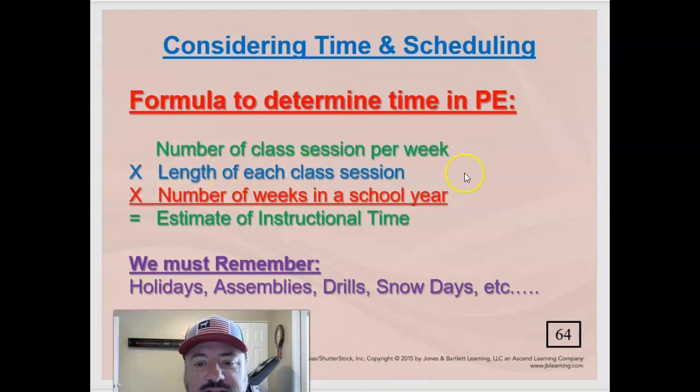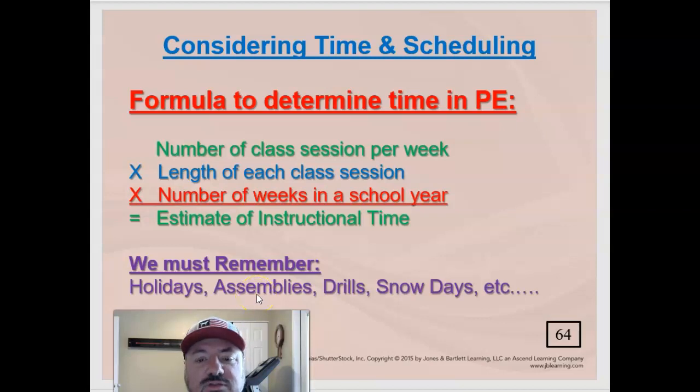Take your length of class time, put that next, and then put the number of weeks in a school year. And if your class only meets for a semester, you'll do the number of weeks in a semester here. So you'll multiply the green by the blue by the red, and that'll estimate your instructional time for either the semester or the year.